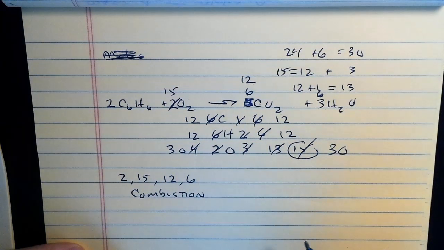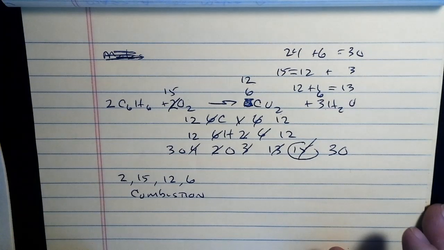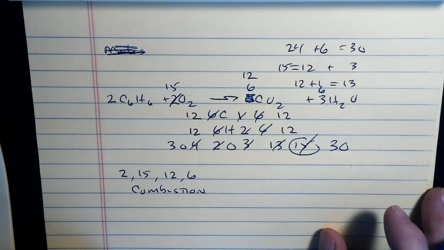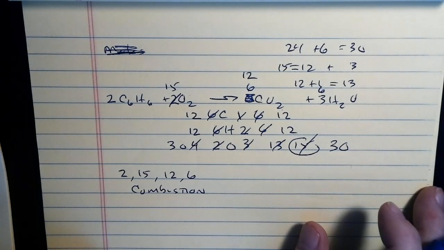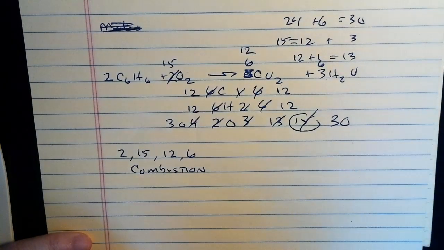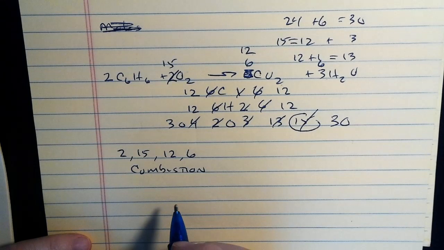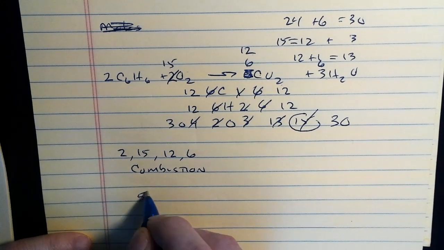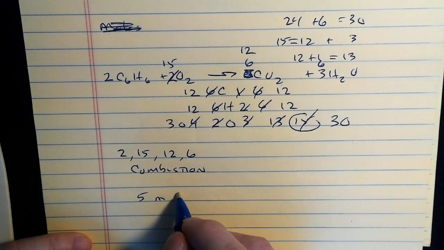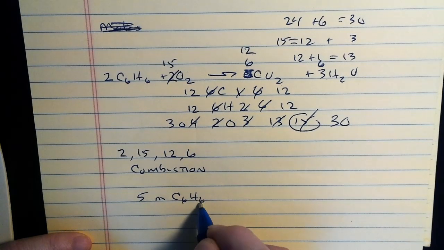We know this is combustion. Now, pause anytime that you want to take a look at it, rewind, catch up. Now, this is going to be a moles A, moles B problem. Well, let's say we have 5 moles of C6H6.